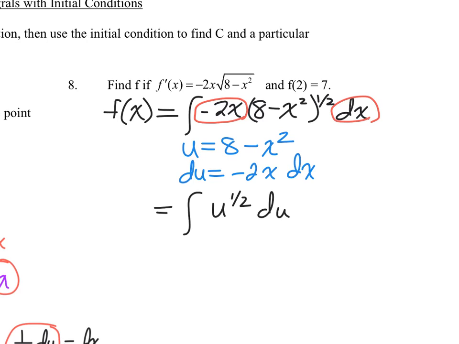All right, nice and clean. The antiderivative of which would be 2/3 u to the 3/2, plus c. And so that would be what f(x) is equal to. If we reverse substitute, it'll be directly that.